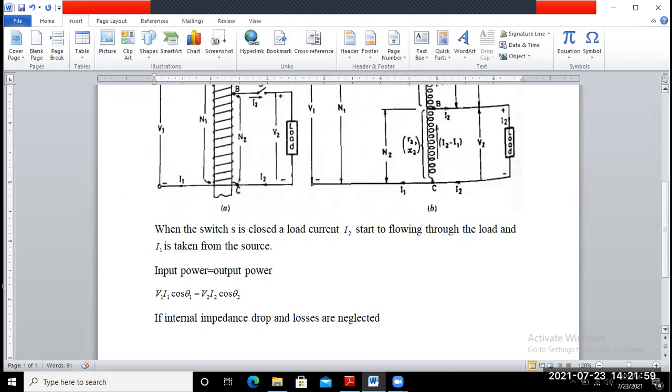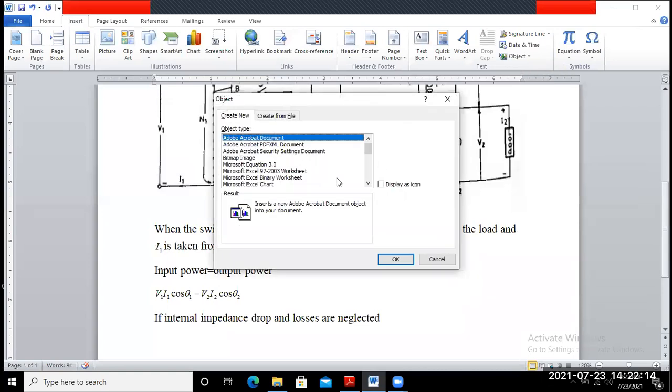From this equation, cos theta 1 and cos theta 2 cancel out each other.